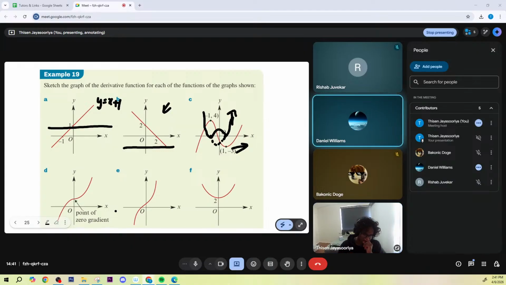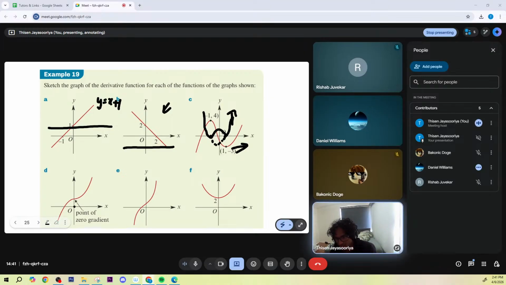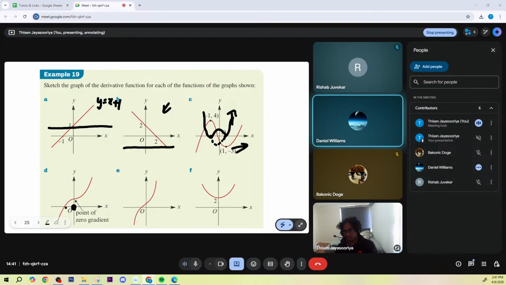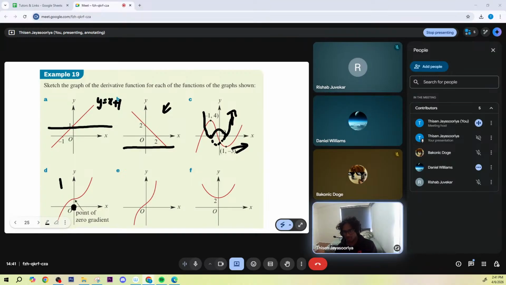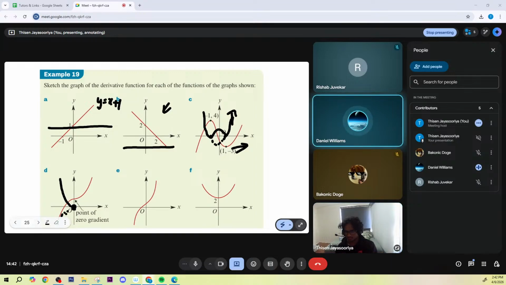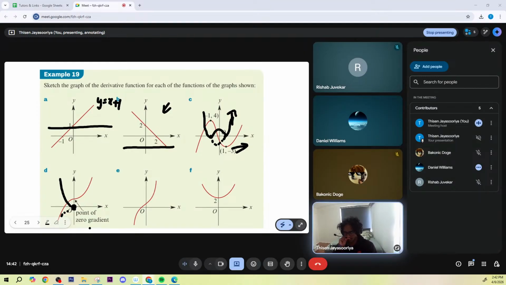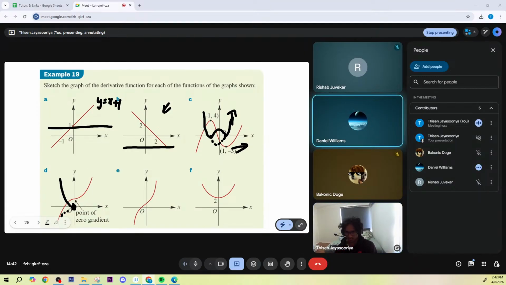It does say here point of zero gradient over here. So there's going to be a point of zero gradient, yeah? Over here, is the graph going to look something like this, or like this? Option one. What about on this side? Is it going to go up, or is it going to go down? It's going to go up. Good, okay.